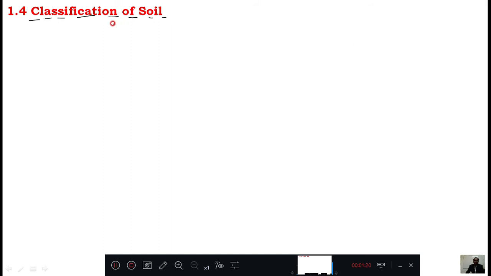This classification we are making based on particle size, and we are going to have one particular standard that if the particle size is greater than some standard, then that is called something, and if the particle size is lesser than that, then that is called something else. Like that we will give some notations, and if a soil is obeying those particular standards, then we will give one particular name to that soil.